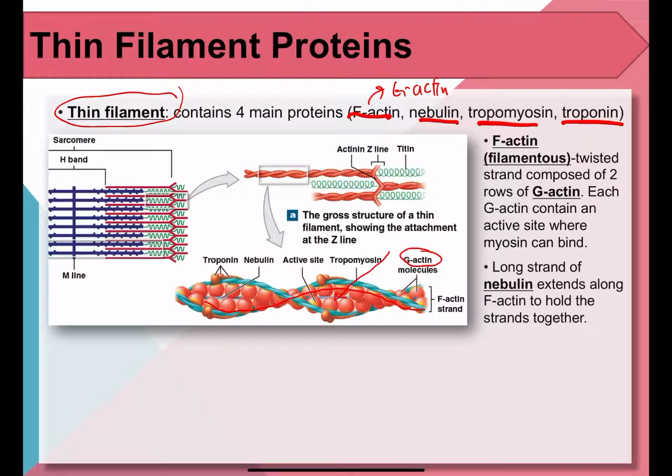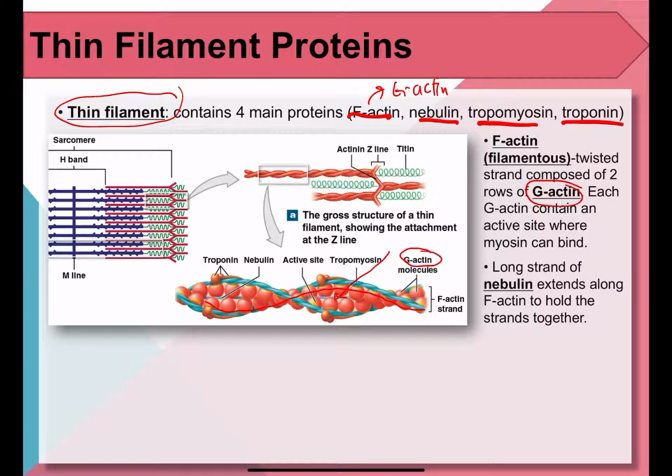Each of those red spheres that make up the F-actin is called the G-actin, okay? And G-actin have specific active sites for myosin heads to bind, kind of like enzymes, except that they are not catalyzing any chemical reaction. That particular active site is only specific to binding of myosin heads, okay?